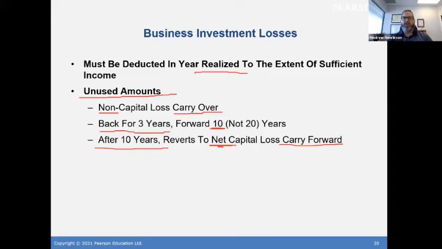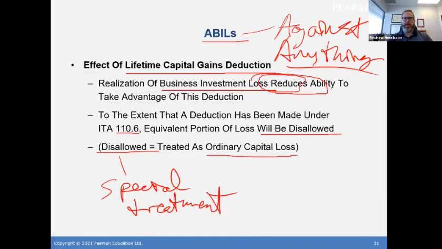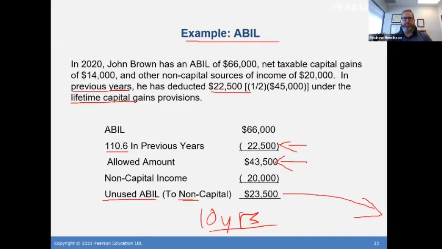So after the 10 years, it becomes net capital and then carried to the death of the taxpayer. So this carry forward happens, and we also have the amount that was disallowed, right?